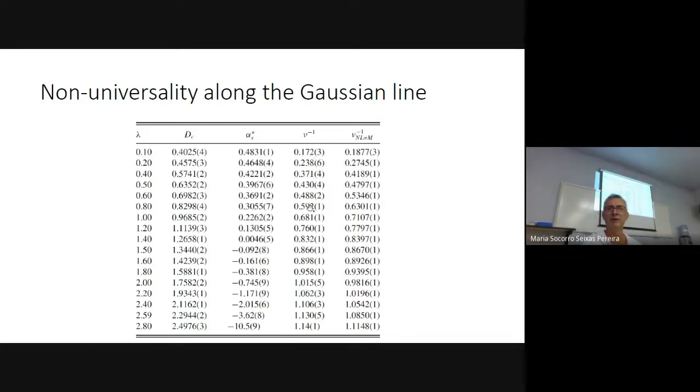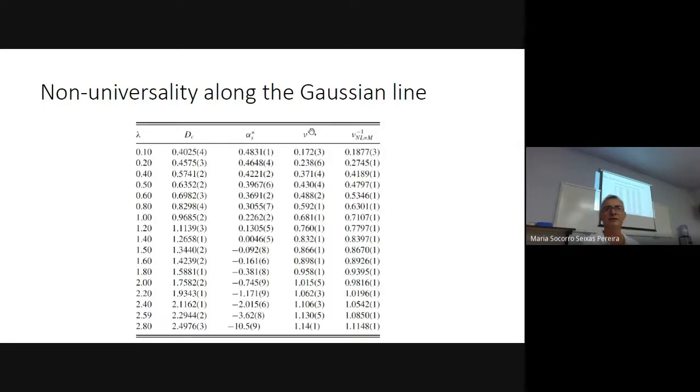Here is our set of estimated values for the inverse of the correlation length exponent. So it is 0 at lambda equal to 0. At the Kosterlitz-Thouless transition, the correlation length exponent is infinite.